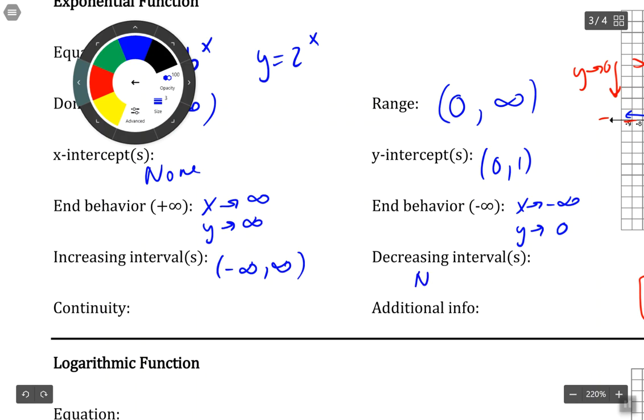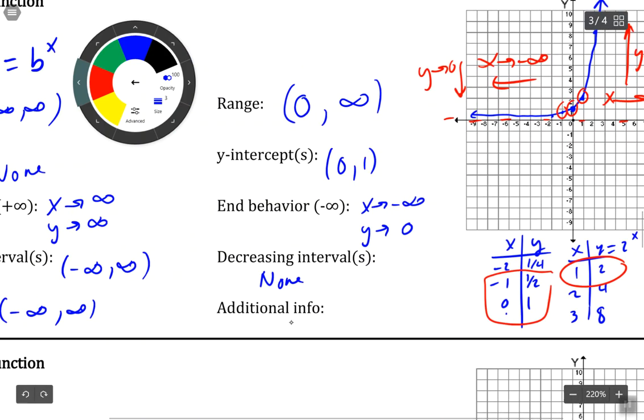And there are no decreasing. Oh, wait. It's increasing. Increasing continuity, R. And then what's the additional information? This is where we write asymptote. Oops. I can't spell. I can't talk and write today.